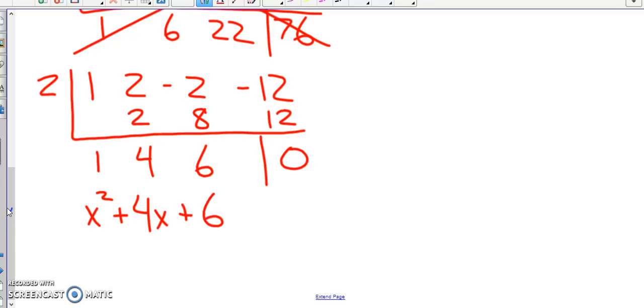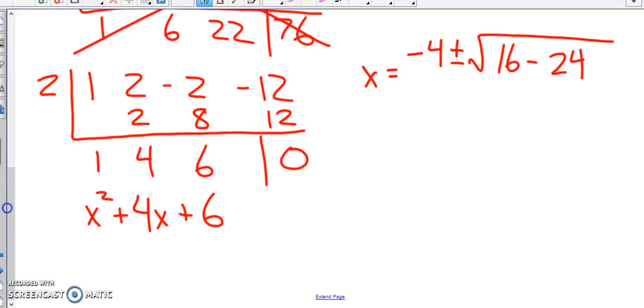So we use the quadratic formula on that puppy. This would be -4 plus or minus the square root of 16 minus 24 all over 2.